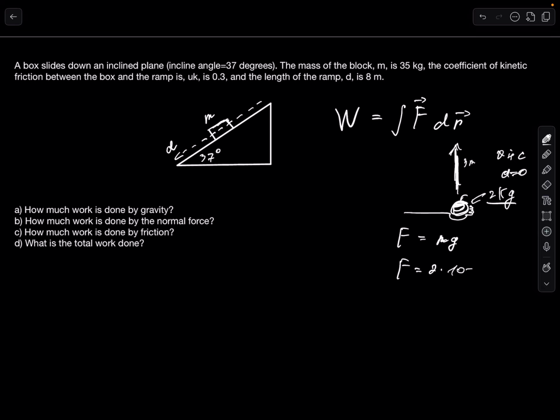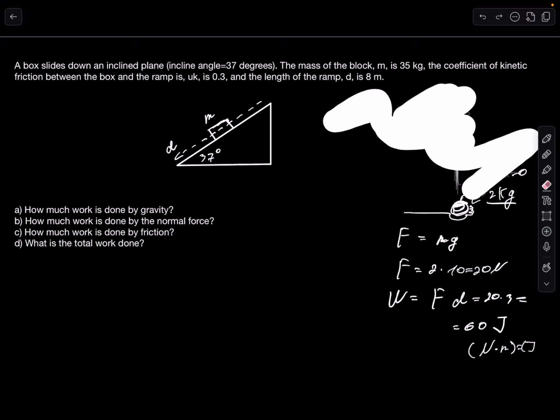So that's 20 newtons. And then work is force times distance. So 20 times 3 gives us 60 joules. Joules is the unit that we use for work. Technically, it should be newtons times meter, but that's just joules.